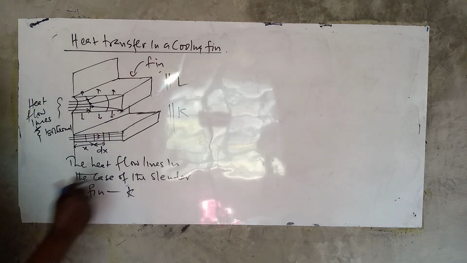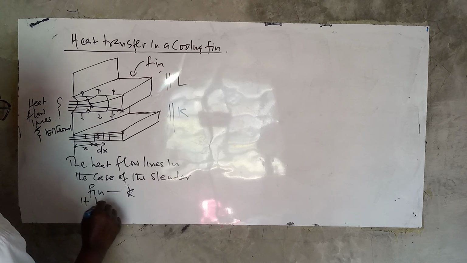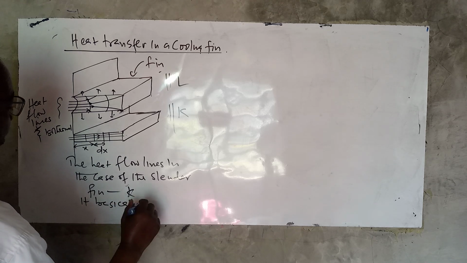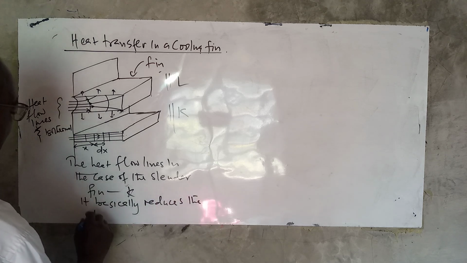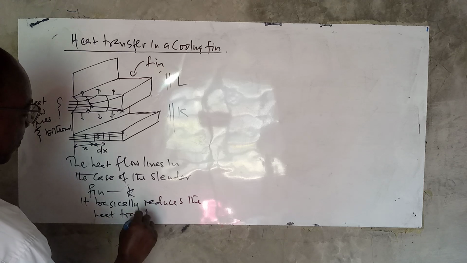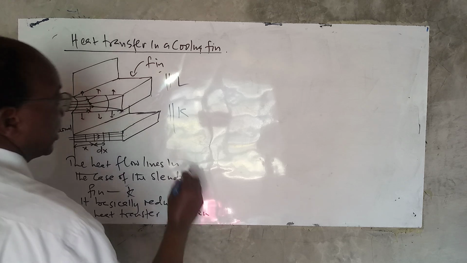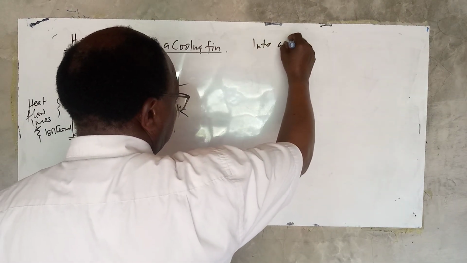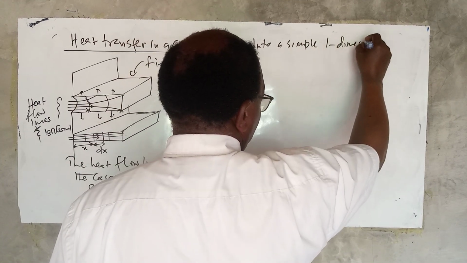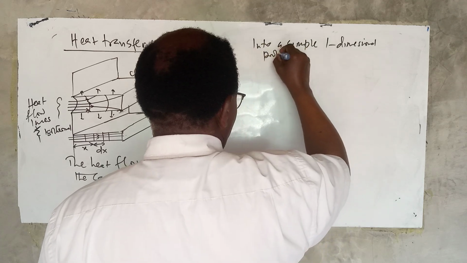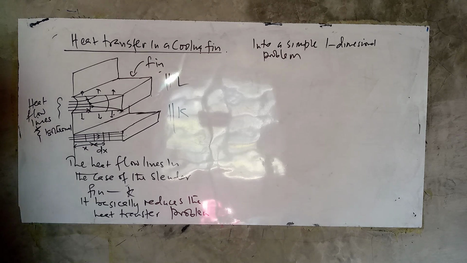In the case of slender fins, it basically reduces the heat transfer problem into a simple one-dimensional problem. These are much more straight lines as compared to the other one, where we have curvatures and so forth.